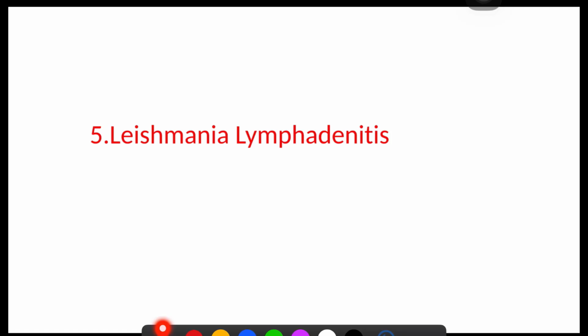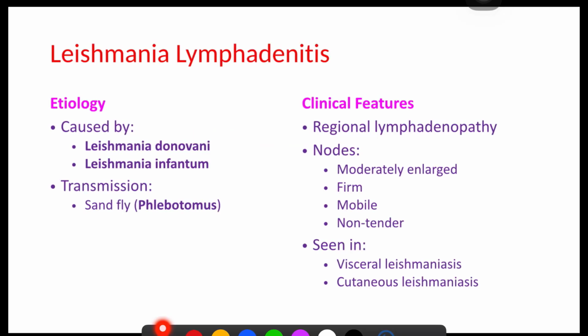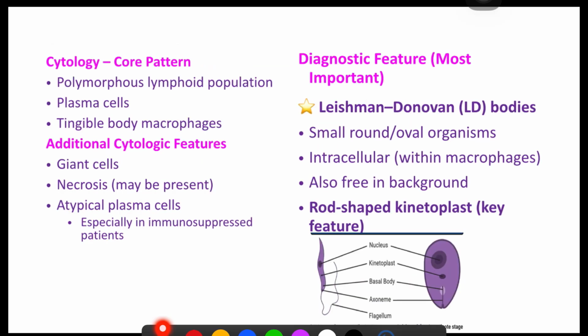Now, Leishmania lymphadenitis. It is caused by Leishmania donovani and Leishmania infantum. Transmission is by sandfly, which is Phlebotomus. Clinical features include regional lymphadenopathy. Nodes are moderately enlarged, firm, mobile, non-tender, and it is also seen with visceral leishmaniasis along with cutaneous leishmaniasis.